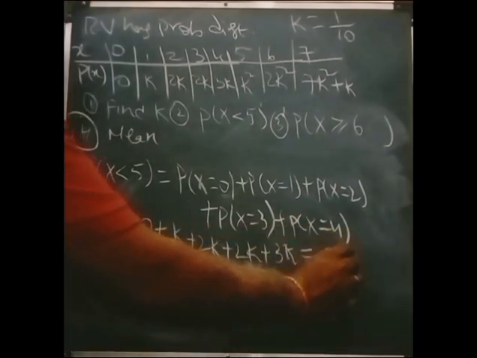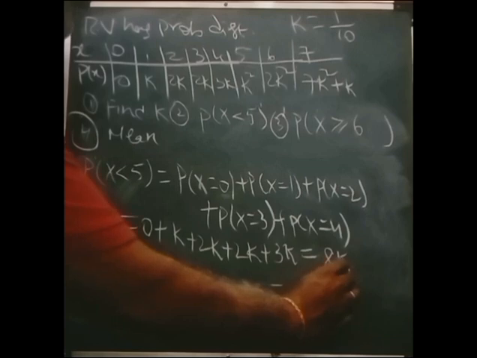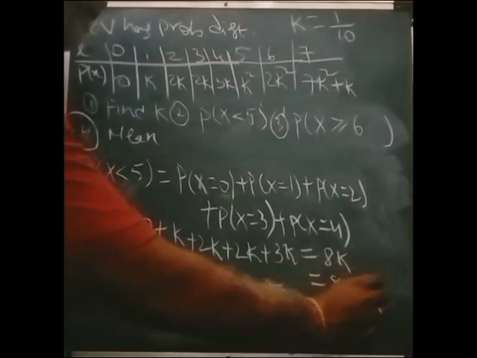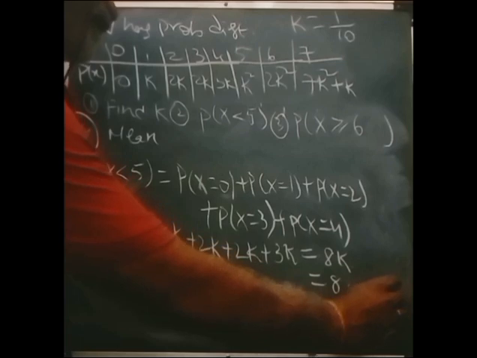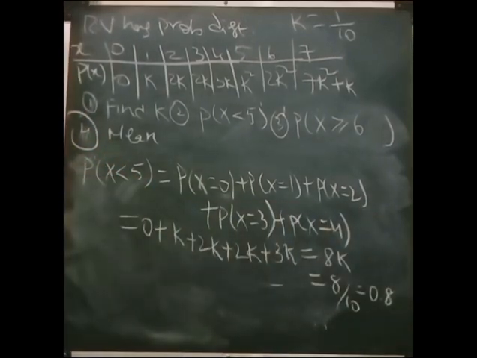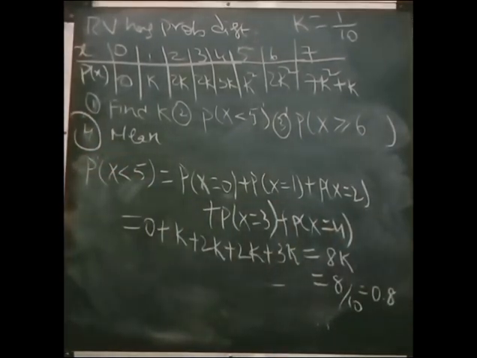So 8k is 8 into 1 by 10, which is 8 by 10, and this is 0.8. Here the probability value lies between 0 and 1. So the probability of the random variable x less than 5 is 0.8.